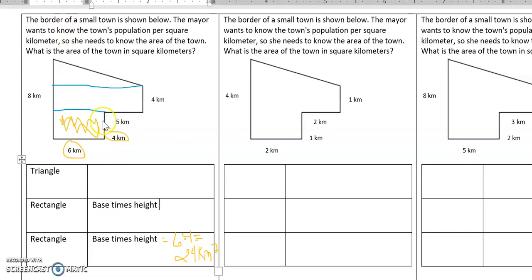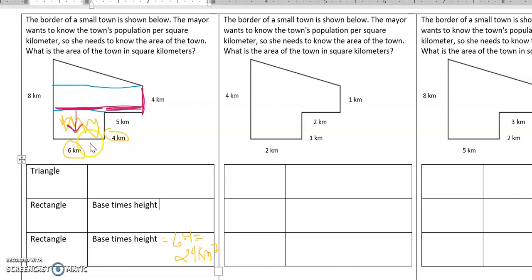I know the height of my rectangle. My height is 4. But I'm looking for my base. Remember, we still have to use numbers from the other shape. So I know that this length is this part plus this part gives me the base.